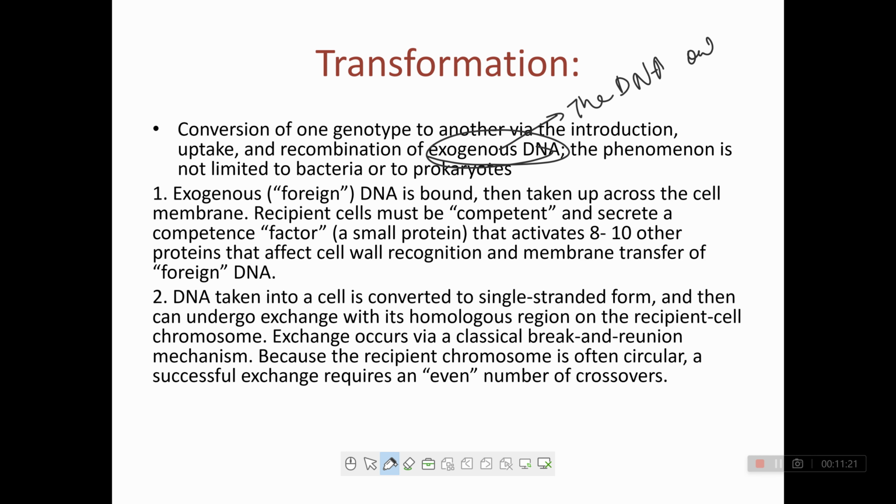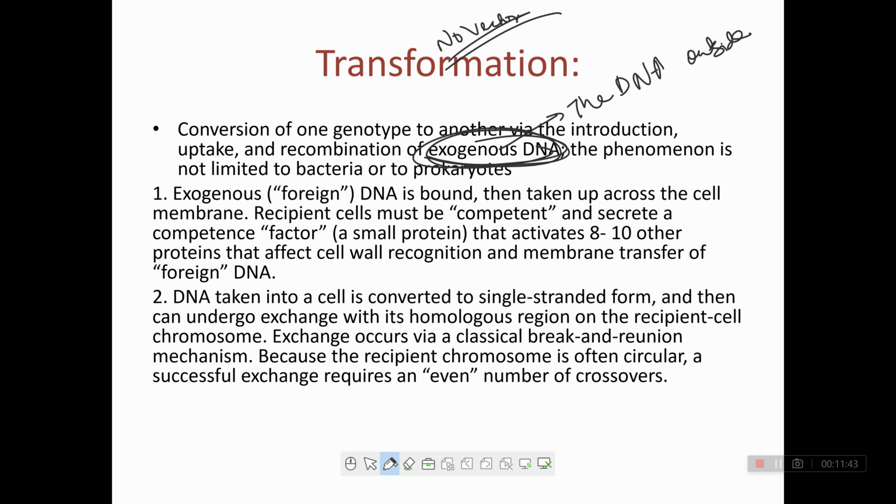Okay, clear? Because in transformation, no vector is required, right? No vector is required in transformation.